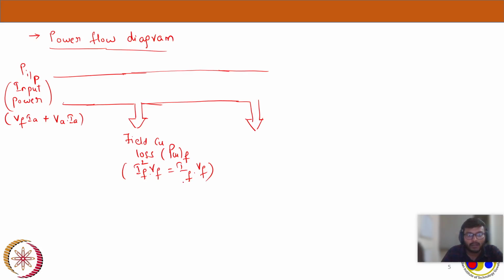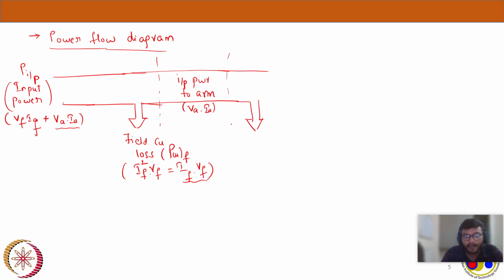See, now I have lost IF-VF from this, and whatever is left is VA-IA. That is input power. I have lost some power here. Input power to armature, that is VA into IA.